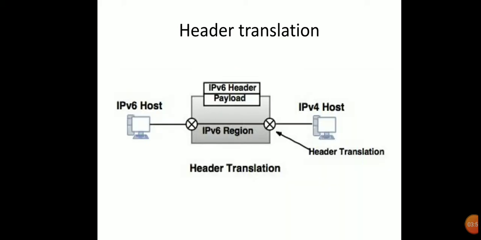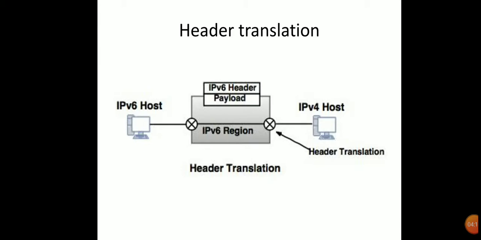Now we have to study header translation. Finally, for the translation of IPv4 to IPv6, header translation is one of the best methods. The IPv6 is a host, and IPv4 is the other destination point. From the source to the destination point, the payload of data will be changed in the routing session.